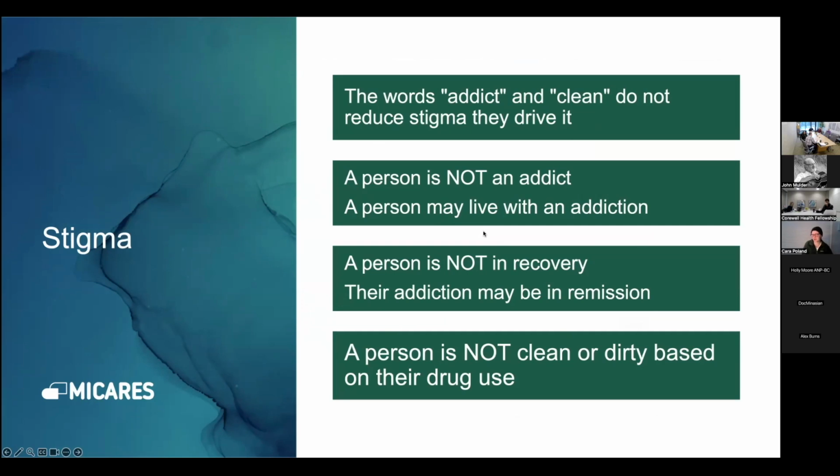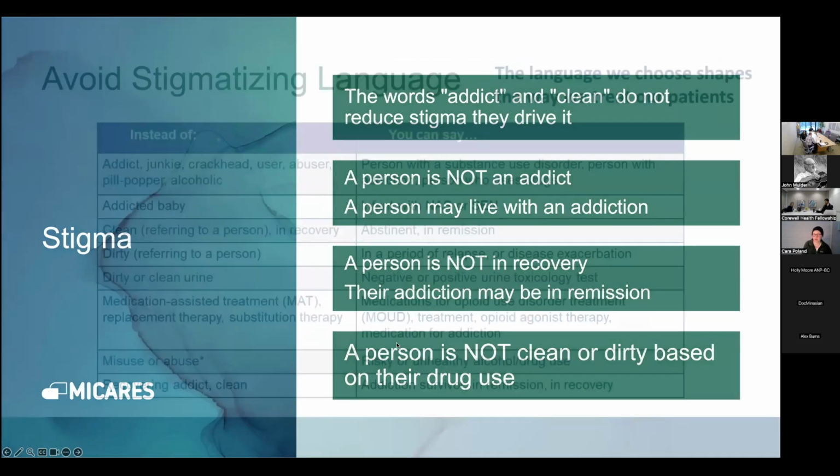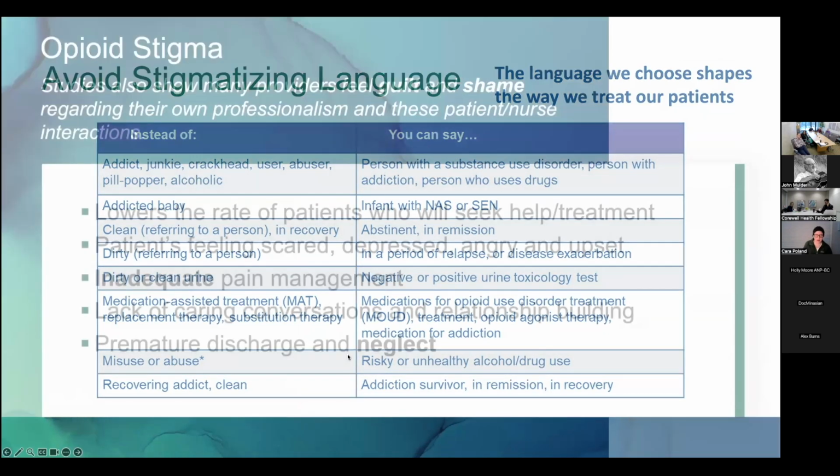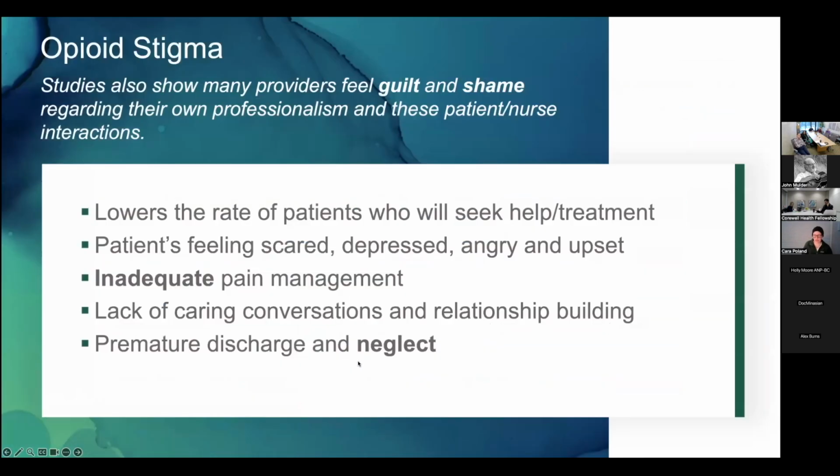We've been talking about person-first language in the substance use space a little bit longer than some of the other areas of medicine, but that person-first language is really powerful for treating people. These are just some of the words that we may want to think about changing.